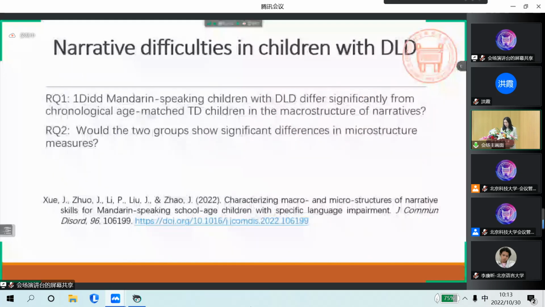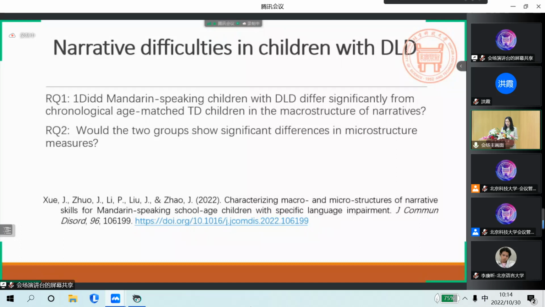So this is also the motivation for our study. This study asks two questions. The first question is: did Chinese-speaking children with DLD differ significantly from chronological age-matched typically developing children in macro structure of narratives? Macro structure was defined by story grammar and story structure.